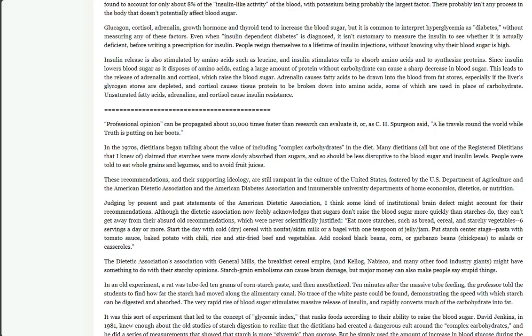There probably isn't any process in the body that doesn't potentially affect blood sugar. Glucagon, cortisol, adrenaline, growth hormone, and thyroid tend to increase the blood sugar, but it is common to interpret hyperglycemia as "diabetes" without measuring any of these factors.